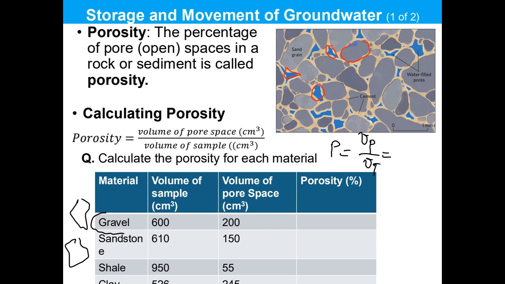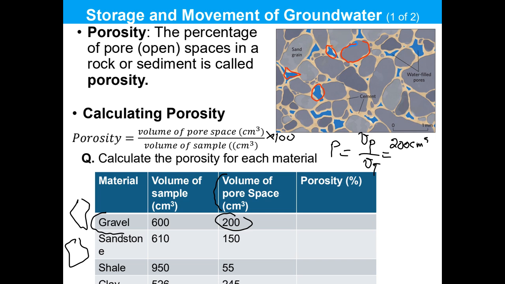So here we have the volume of the pores, 200. So we're going to plug this here, 200 centimeter cube. And I forgot to multiply by 100, by the way, because it's a percentage. So you have to multiply by 100 to get the percentage.